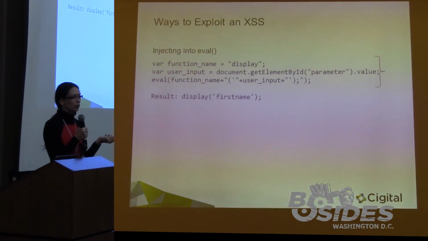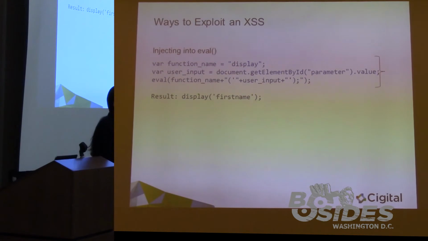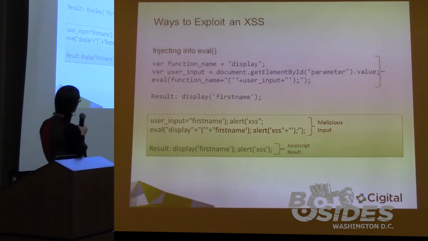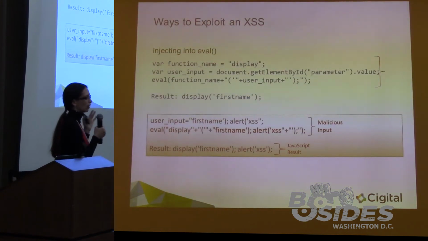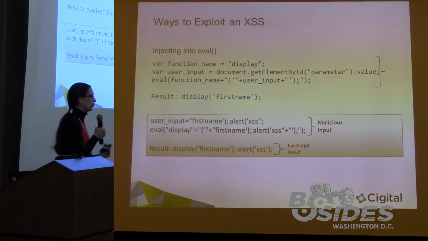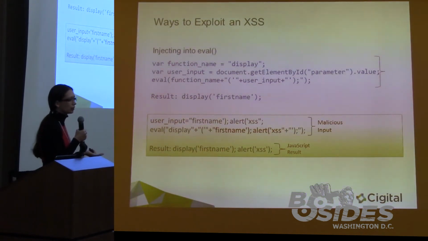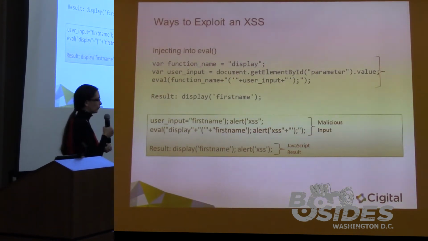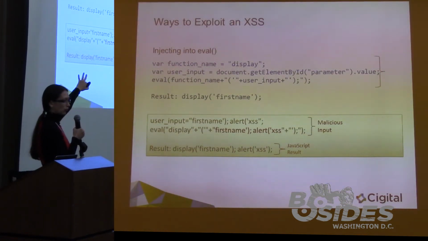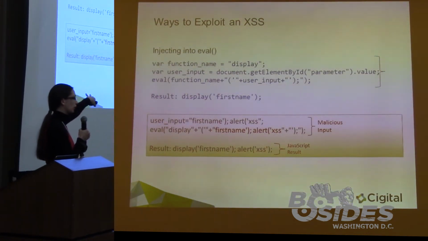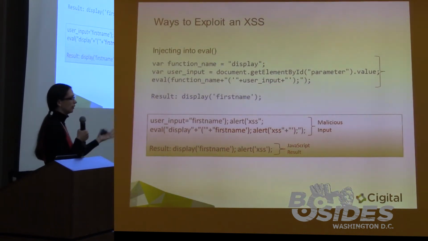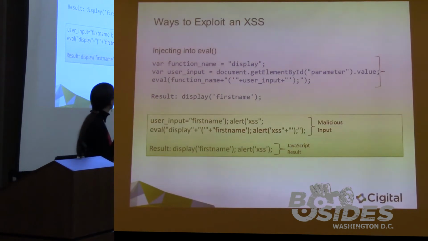So a malicious user, instead of sending their first name, what we're expecting, is sending something like this. Again, in this case, we're just going to send an alert XSS, but the point is that we can inject any JavaScript we want instead of the first name. So that is the DOM-based cross-site scripting. It's all happening in the browser. There's no request to the server side, and obviously no response.